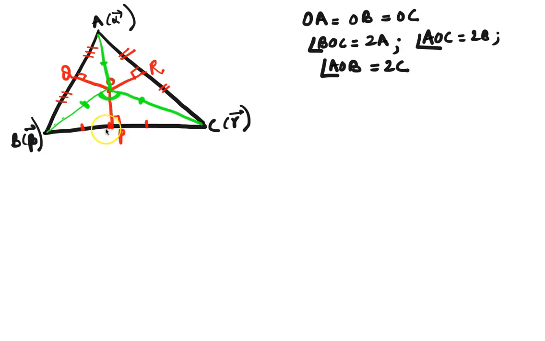So first, if I extend this point and call it D, let's first find the position vector of D. So we know this angle is 2C, so this angle is 180 minus 2C.